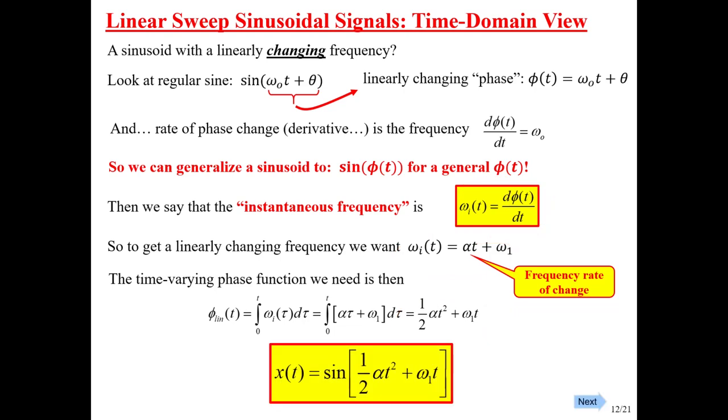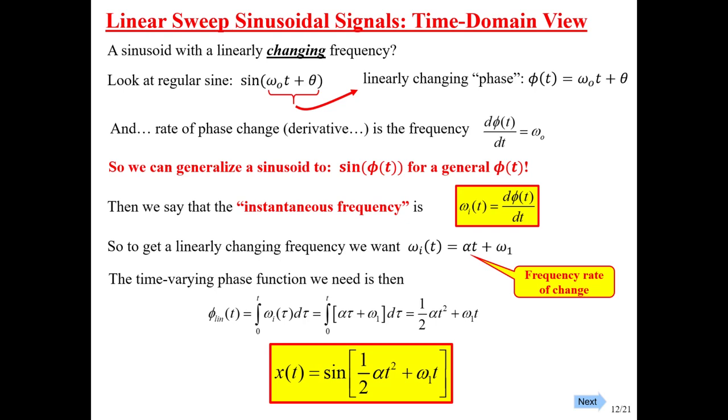And so if we were to make such a sinusoid, putting in this function in here, so we could compute that for a given omega 1, a given alpha over a certain range of t, then plug that in, take the sine of it. Now we've got ourselves a linearly varying frequency sinusoid, or a linearly swept or a linear sweep sinusoid.